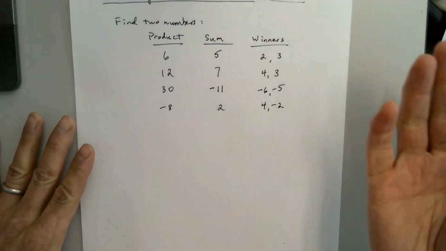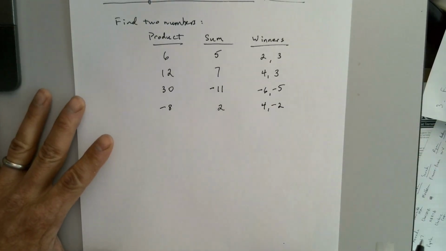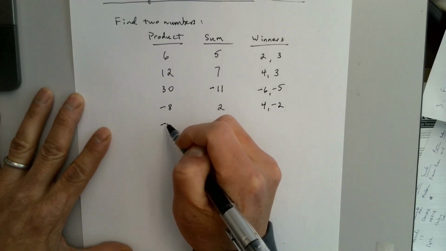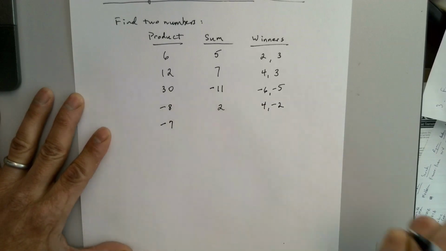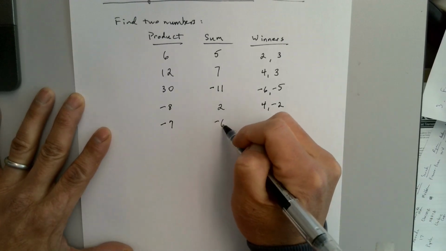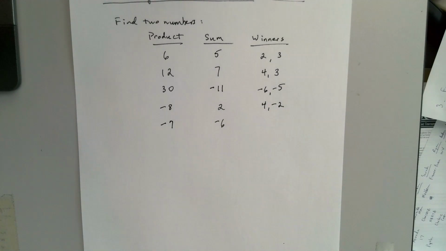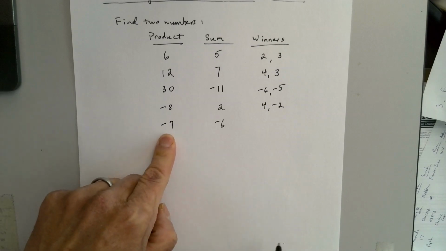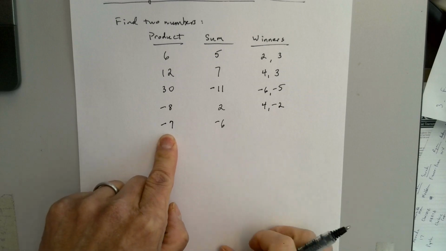Okay, one last example. Find two numbers who have a product of -7 and a sum of -6. Product -7, sum of -6. So again, since the product is negative, we have to have one positive, one negative number.